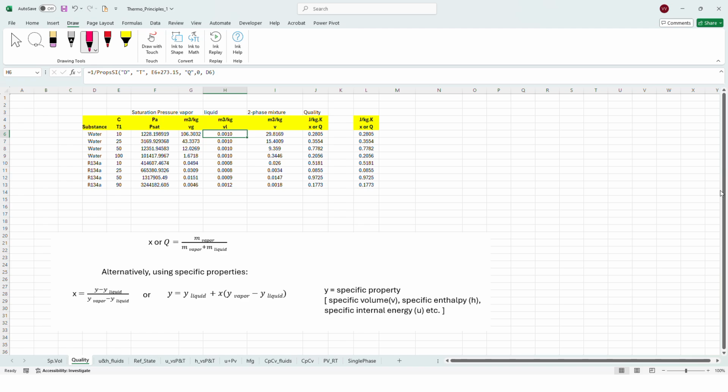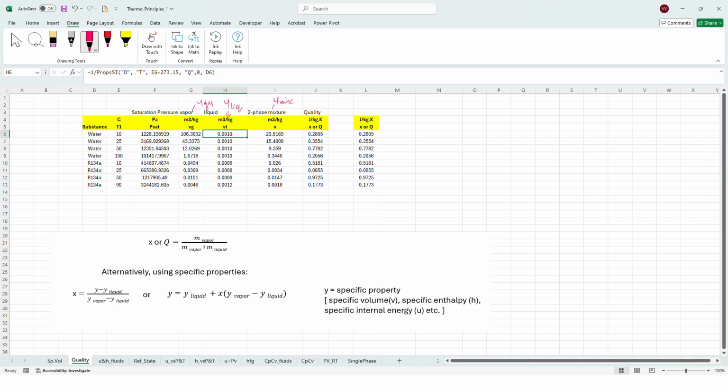Okay, so what we are doing here is this is a Y liquid, Y gas that we just looked at, and Y liquid here, this one, and this is the Y mixture. Okay, so the Y mixture property has to be between that of Y gas and Y liquid. This is the maximum volume you can have when it's fully gas.